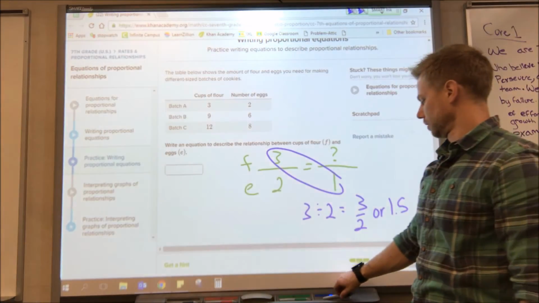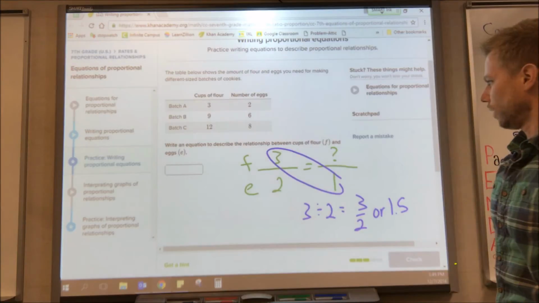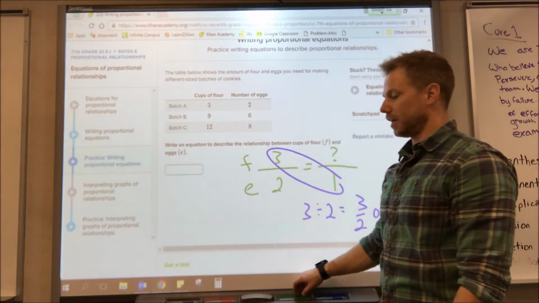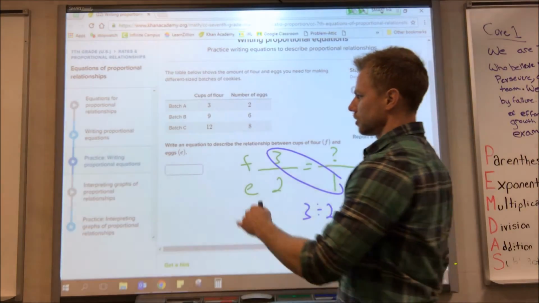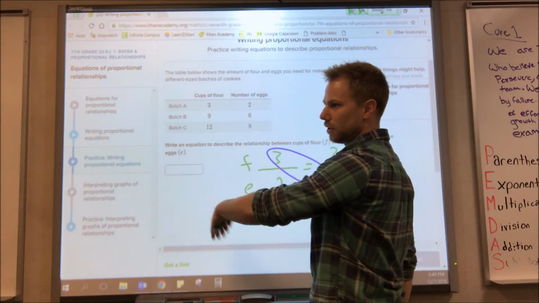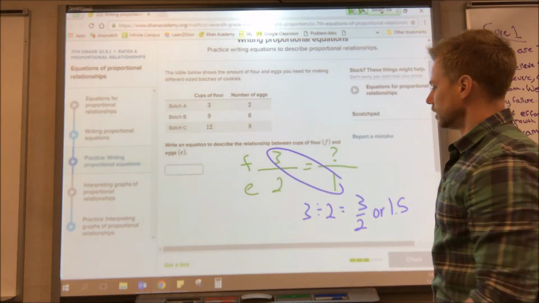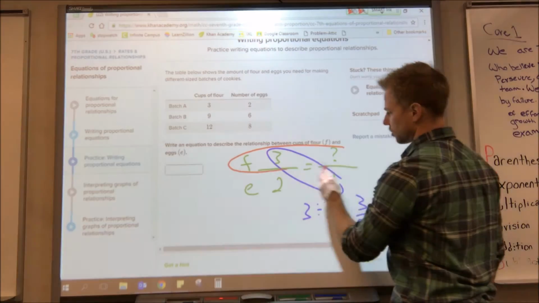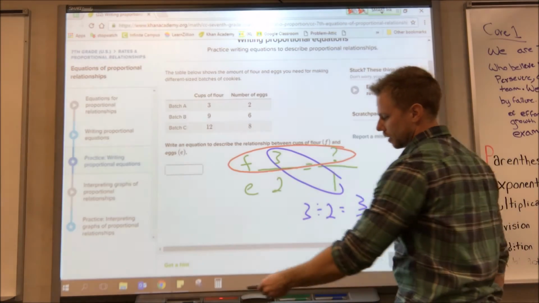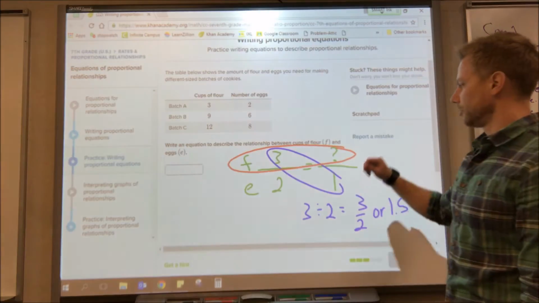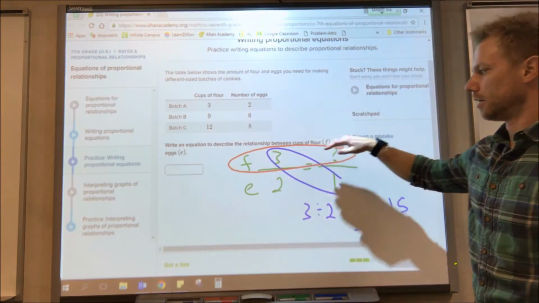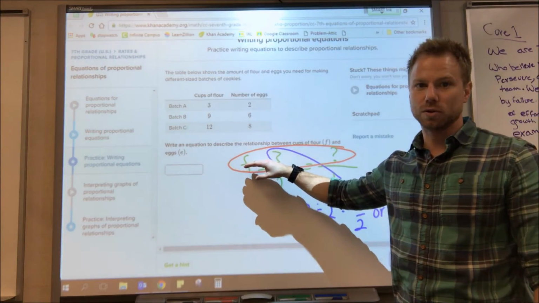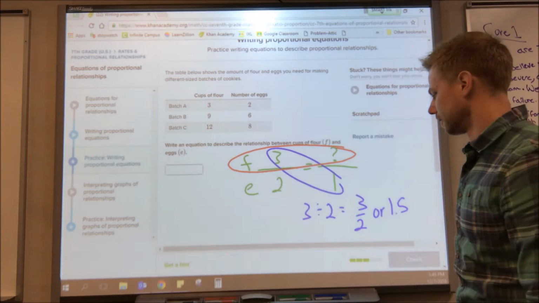Either one will work. And then our equation, to figure out what letter comes first in our equation, it's either going to be F equals something or E equals something. Whichever label has the question mark in it is the letter that comes first. Because we're trying to figure out how many cups of flour, so our equation has to equal F for flour.